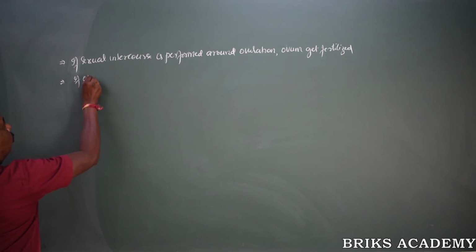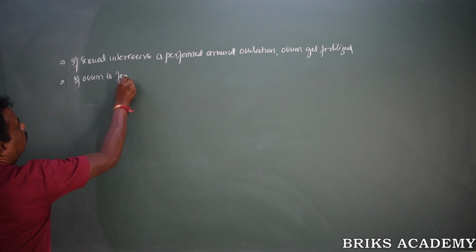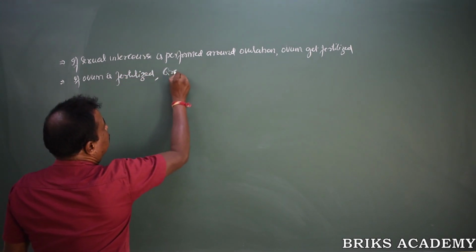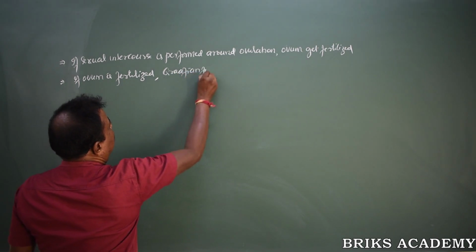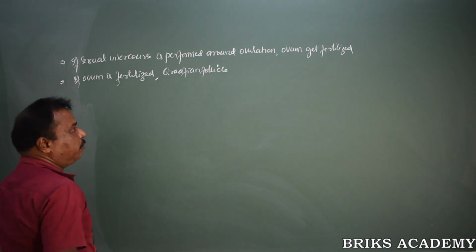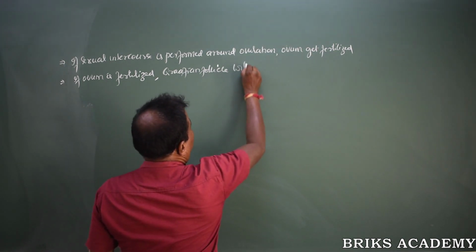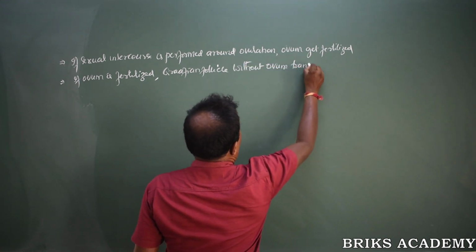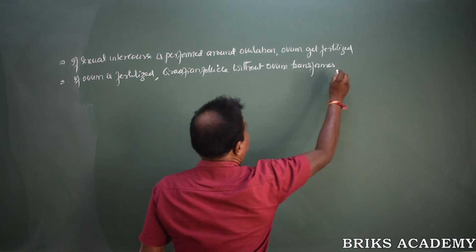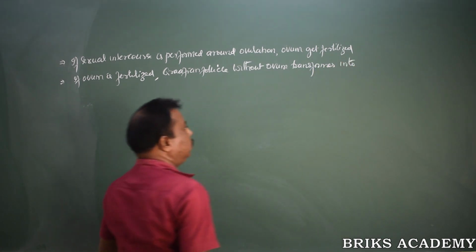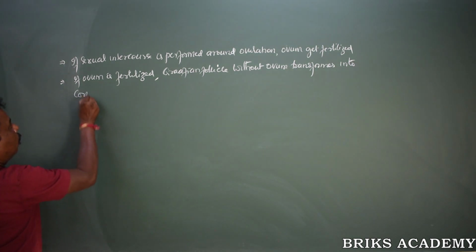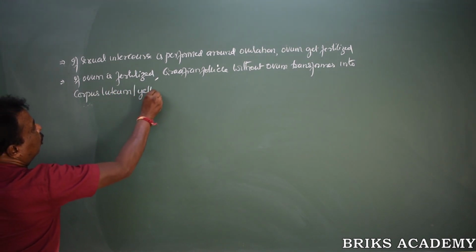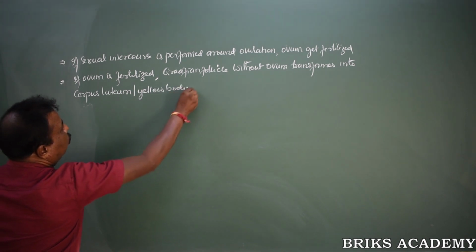If ovum is fertilized, Graafian follicle without ovum transforms into corpus luteum or yellow body.